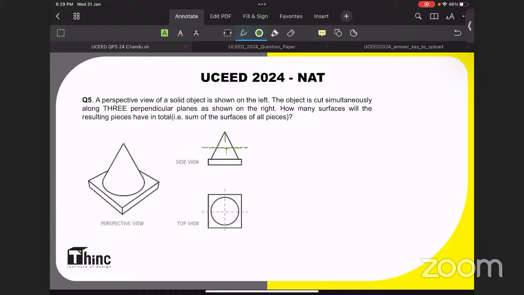When we perform the first operation, we will be getting a cone like this, and a portion of truncated cone is also available. The truncated cone will be looking like this. So this is the thing which you need to imagine. The truncated piece will be coming like this. I'm just talking about this cone piece only, not the base. Let the base be there.